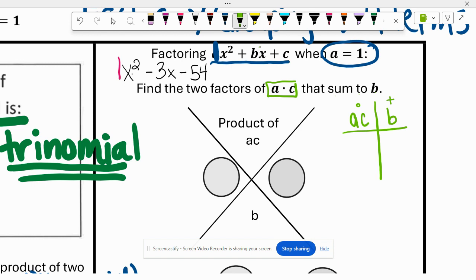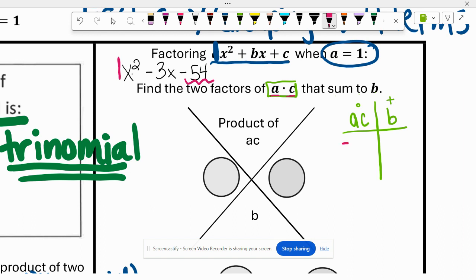Do you guys remember that activity that we did? What are 2 numbers that multiply to negative 45? So we're going to do that same thing. We have to figure out what a times c is. Well, a is 1 and c is what? Negative 54. So what is 1 times negative 54?